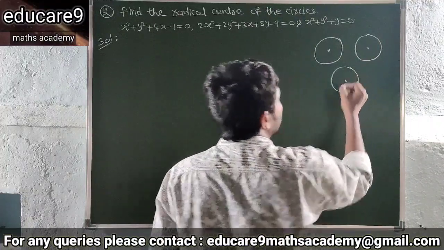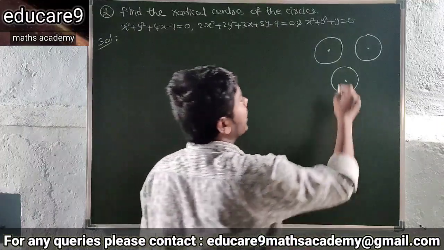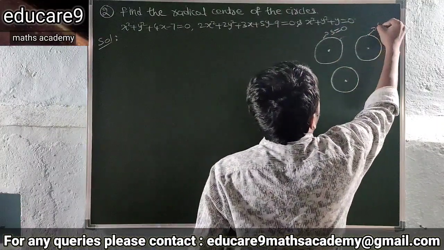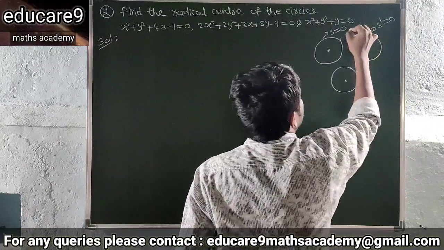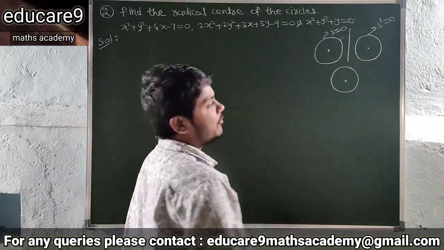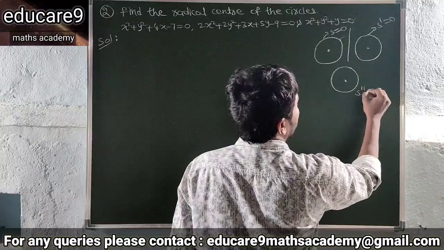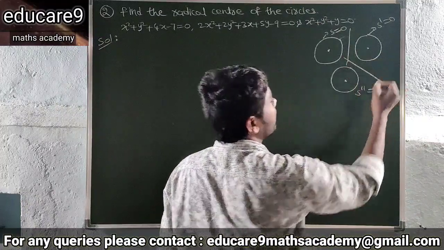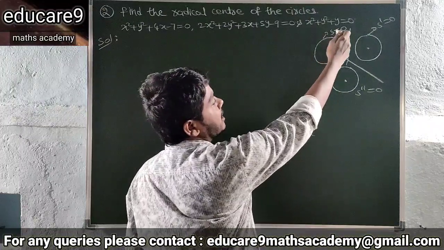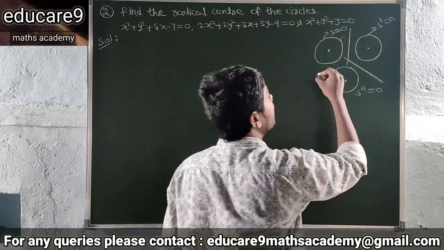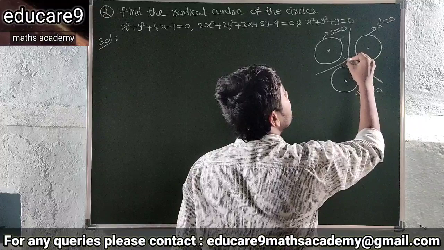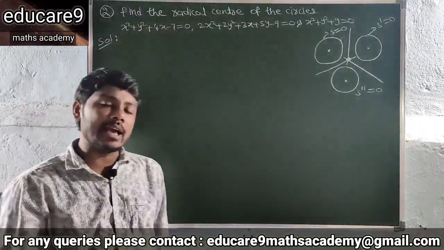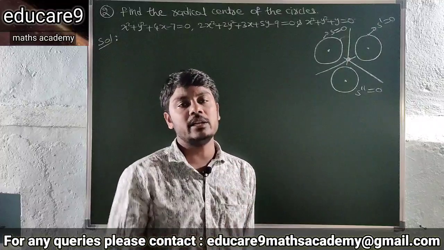Find the radical axis of S equals 0 and S dash equals 0. And again find the radical axis of S dash equals 0 and S double dash equals 0. And again find the radical axis of S equals 0 and S double dash equals 0.